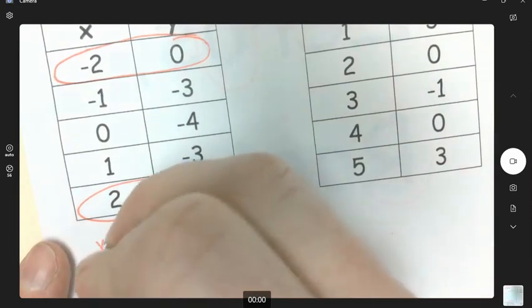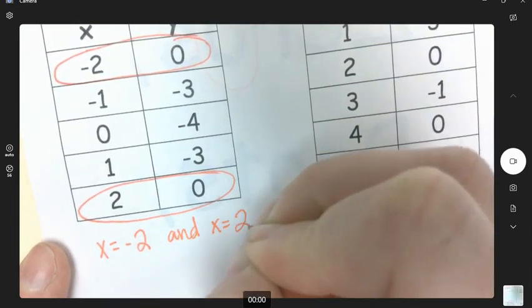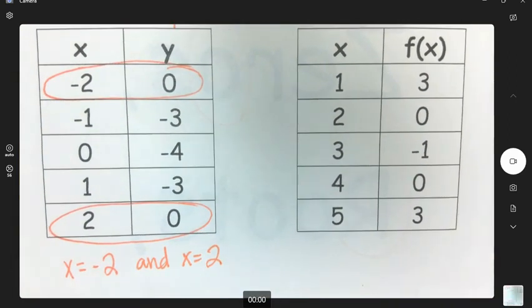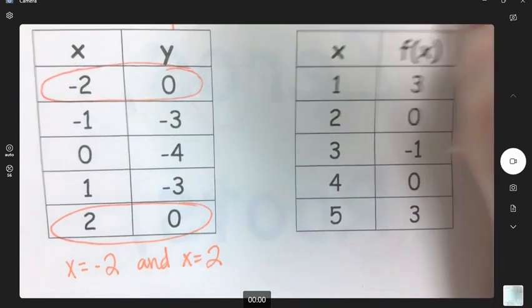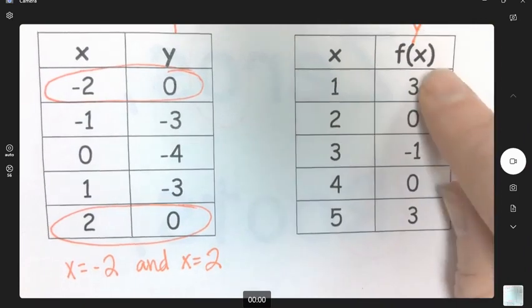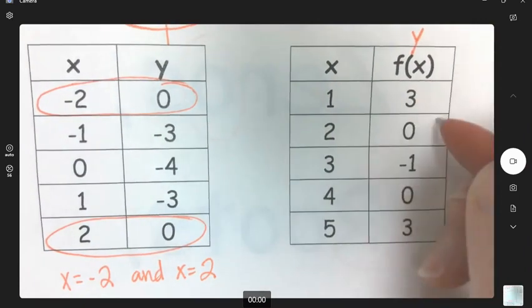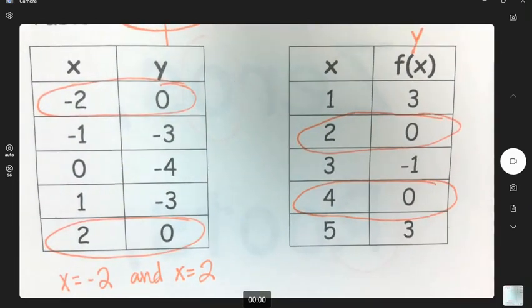Just write x equals -2 and x equals +2. Okay, do the next one. You see where y is 0. F of x, remember, f of x is the same thing as saying y. So replace f of x with y. Circle your solutions. X is a number, y is 0.